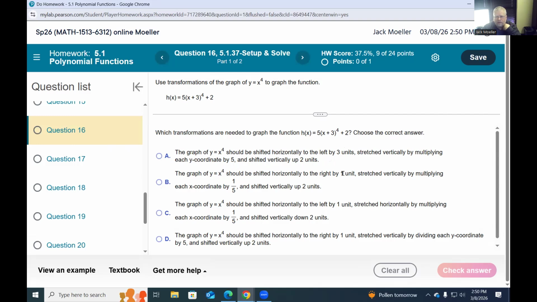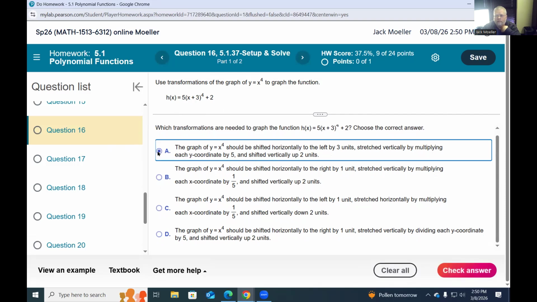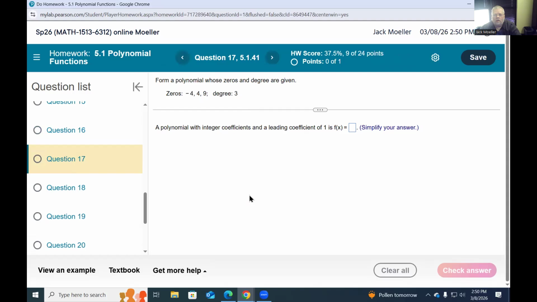This can't be B because it's not moving right 1. So even though they have all this wording, the only one that's been moved left 3 is A. So MyMathLab is not very good when they try to do explanations like this. Okay, so that one we haven't discussed yet.